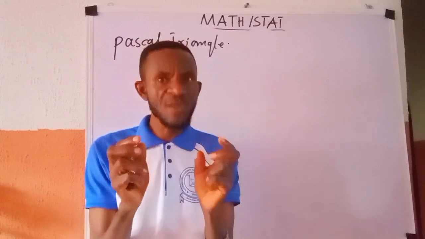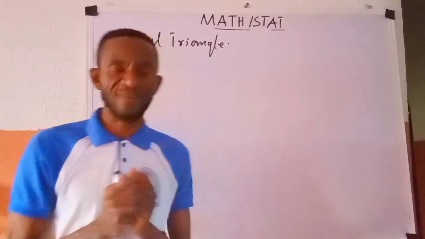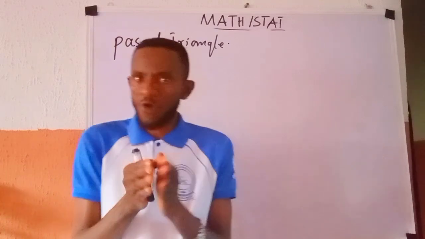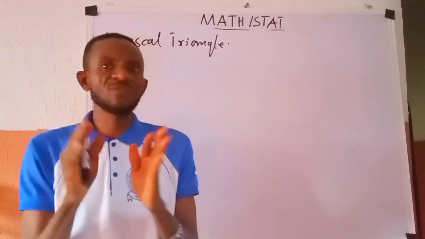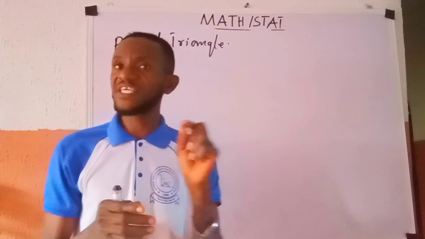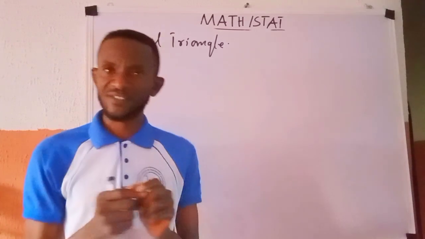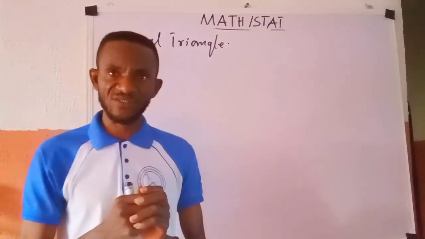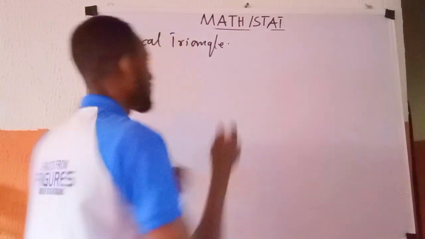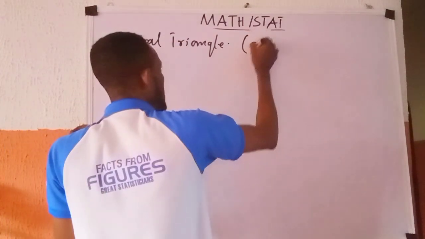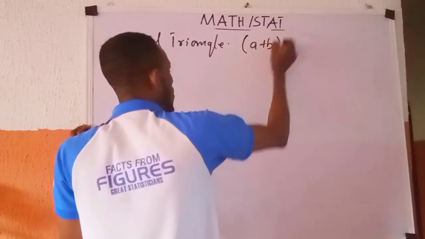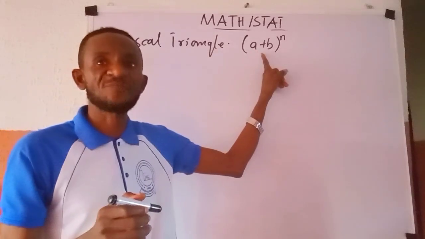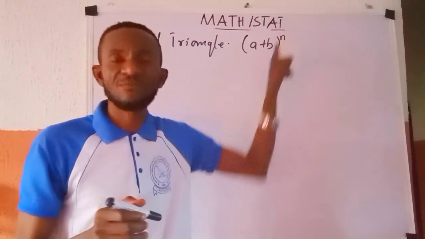Pascal triangle, by way of definition in algebra and mathematics, is the triangular arrangement of numbers that give the coefficients of the expansion of any binomial expression written in the form of (a + b) raised to power n. So this is a binomial expression in nth power.